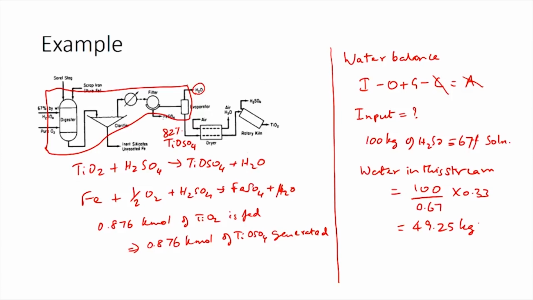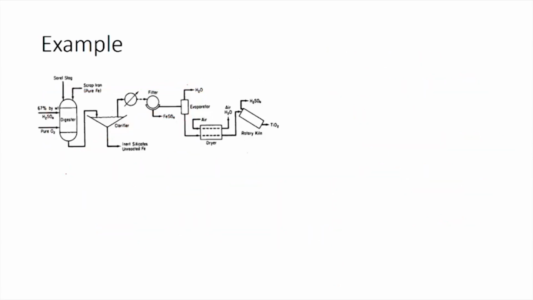Now, we need to calculate the amount of water which is leaving through the TiO-SO4 slurry stream. So, let us call that output 1. Water output 1 would be equal to the amount of water leaving through the TiO-SO4 slurry. So, based on the calculations we have performed, we know that 0.876 kilomoles of TiO-SO4 was produced.